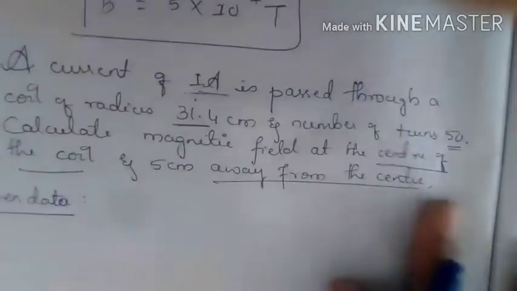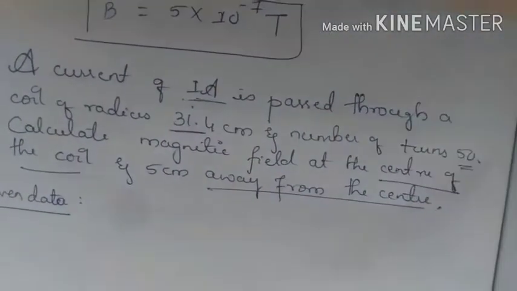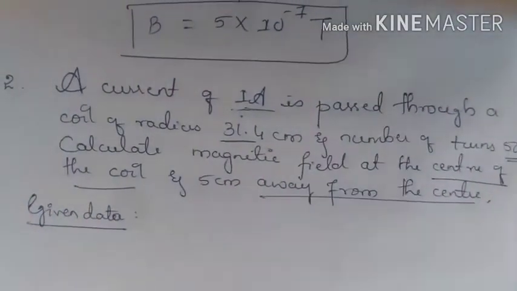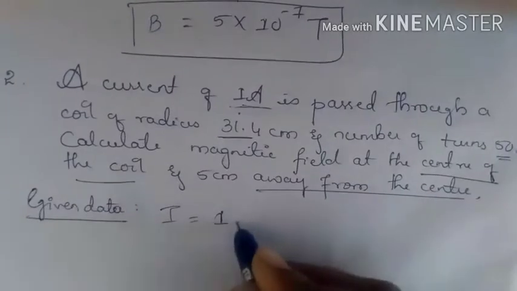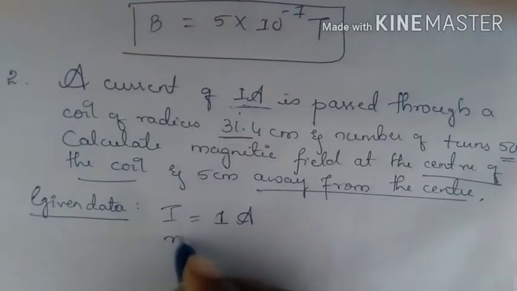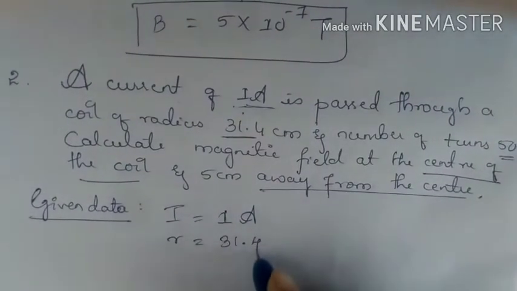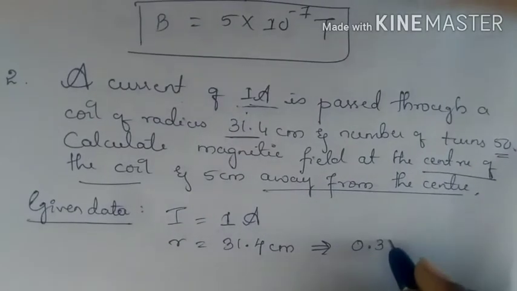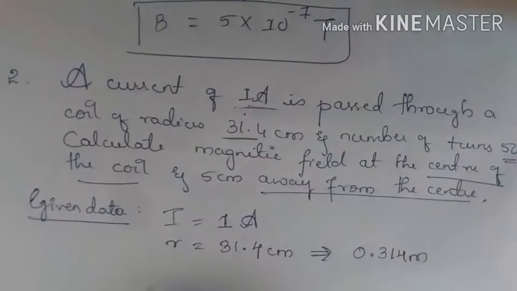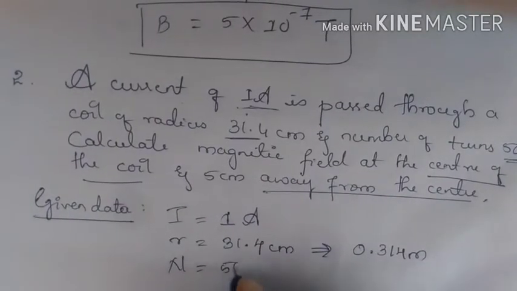Current is 1 amp. Radius is 31.4 centimeters, which you can also write as 0.314 meters, and number of turns is equal to 50.